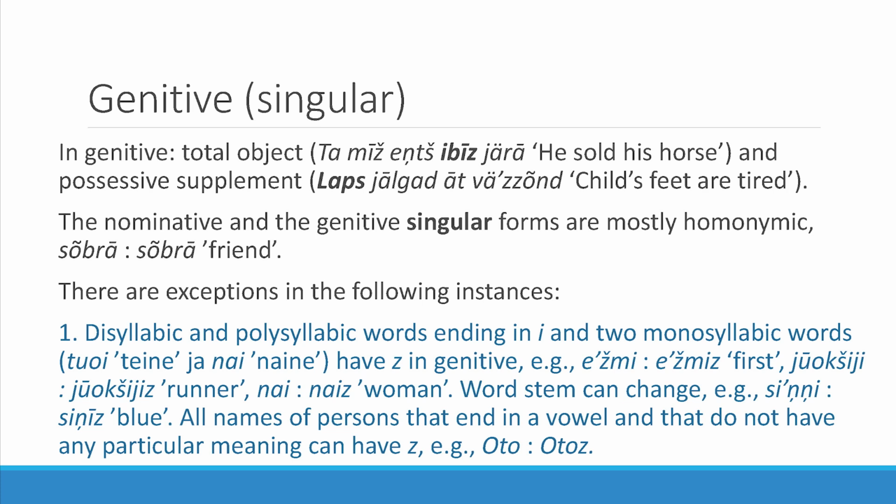So it's ejmi, ejmis, juokshi, juokshis, nai, nais. So the z is at the end. And at the same time, the word stem can change. For example, here's the word blue, the color blue. It's sinni, but zinis.